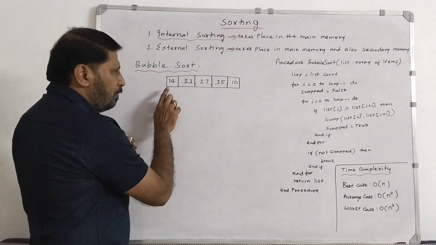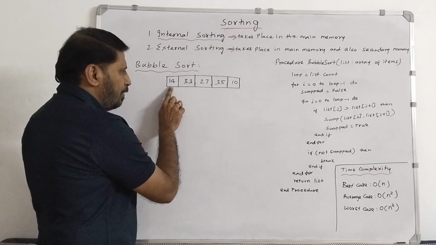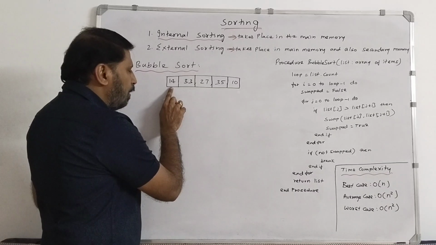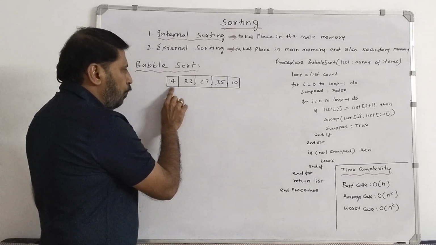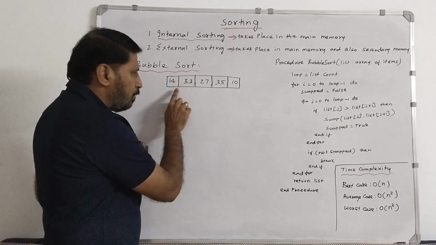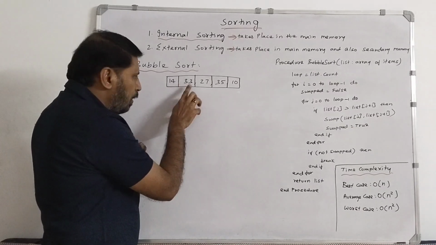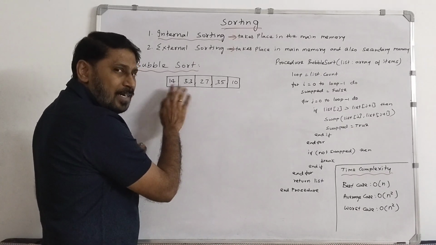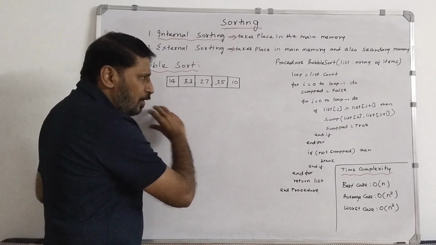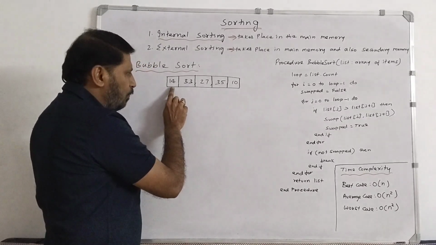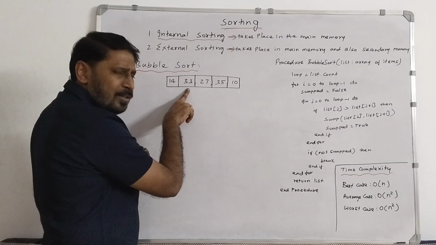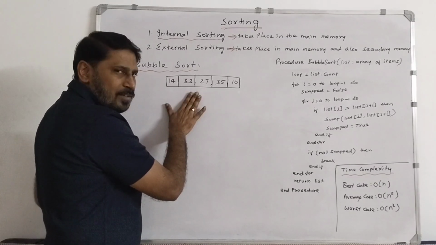We take the numbers in the array and compare the adjacent numbers. 14 and 33 are compared. 14 is the lesser number, 33 is the greater number, and we are arranging the numbers in ascending order, so already it is in order.